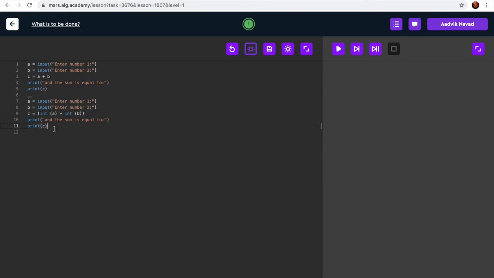So let's go through it line by line, and I'll explain what each function is used for. The first line, a, is the same in both: a equals input, then in parentheses and quotation marks, enter number 1. So a is a variable, and what's stored inside it is the user's answer to the question enter number 1.